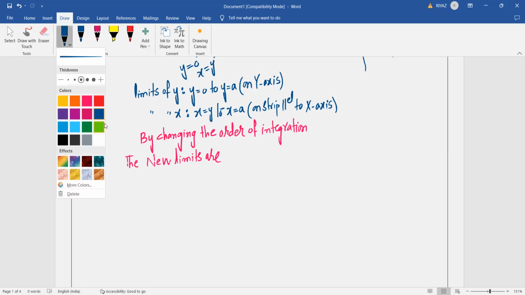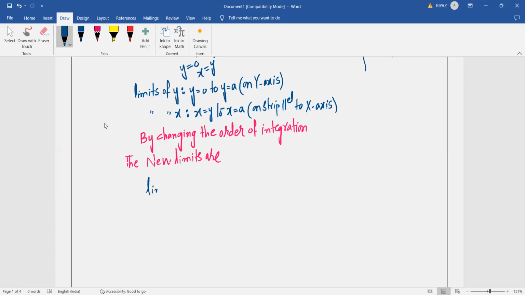So the limits of x we have to write first.